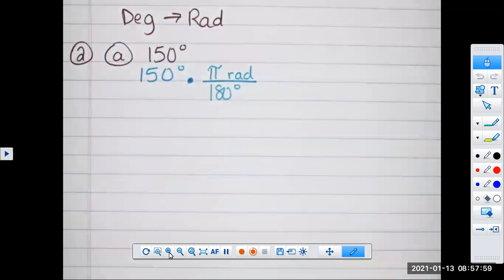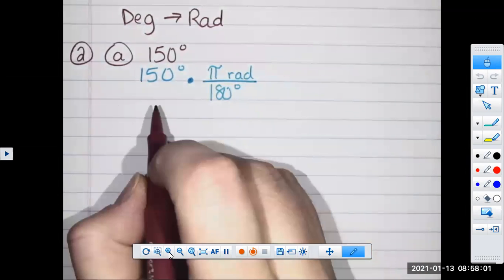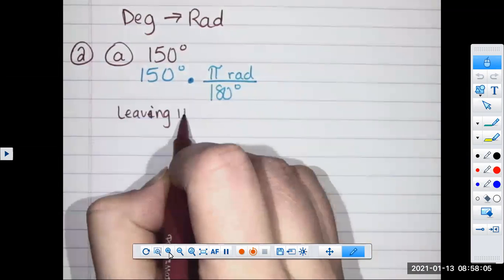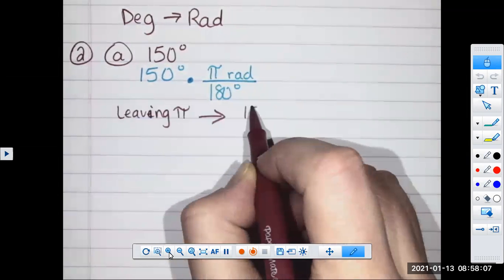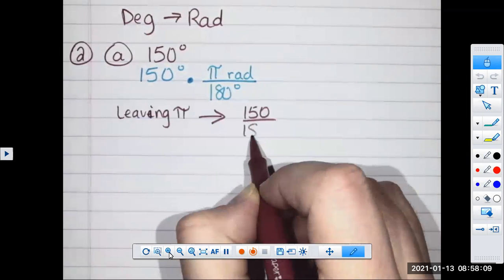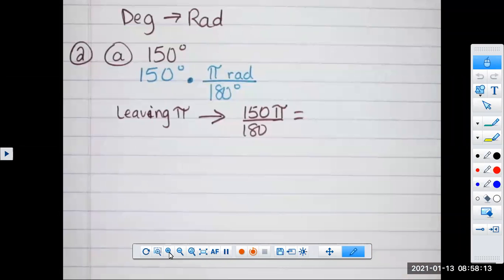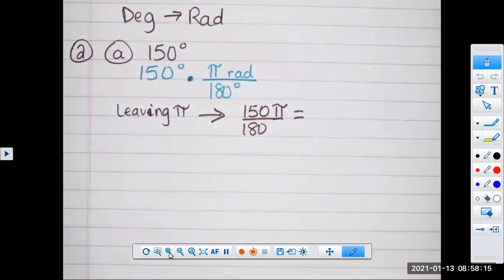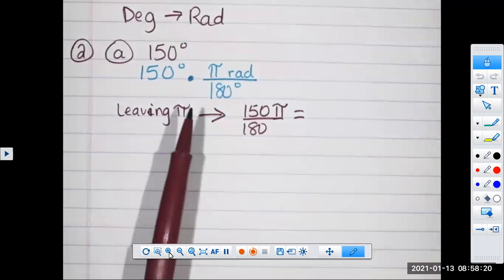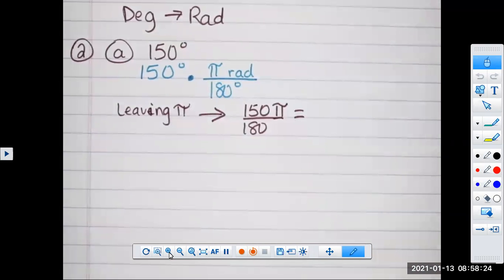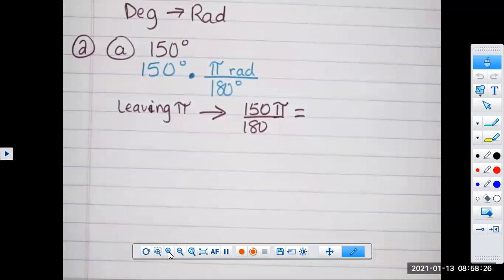What you're going to do, if you're leaving pi, then you're going to write 150 over 180 and leave pi alone. And you're going to reduce 150 over 180. So you'll write your angle over 180, reduce it, leave pi every time. So what will this reduce to?